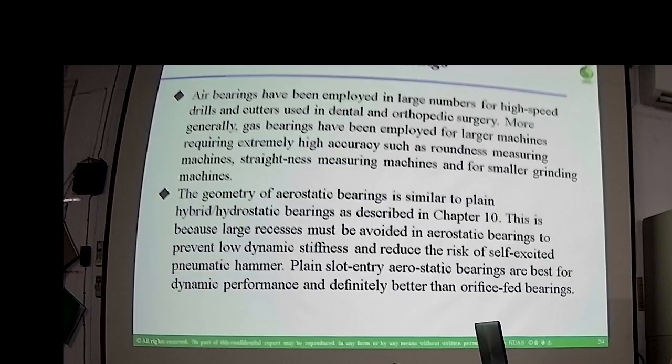For air bearing, usually you apply in a small precision machine tool. For hydrostatic bearing, usually apply in a large machine tool.